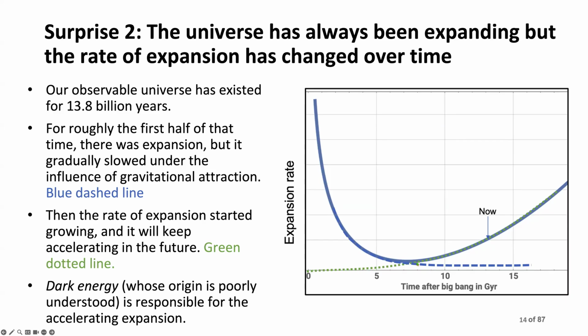And right here, about 7 billion years after the Big Bang, the influence of dark energy compelling the universe to get larger overwhelmed the gravitational effect. And we now see that we are in an expanding universe. And the best information we have now is that expansion will continue forever.